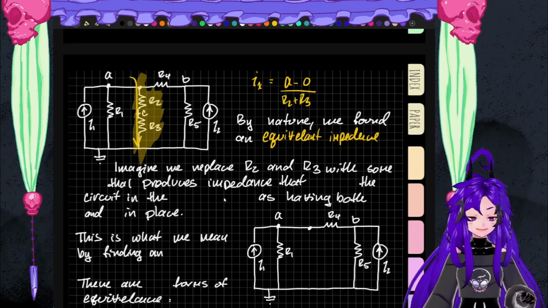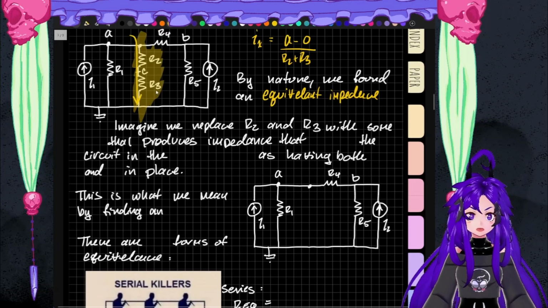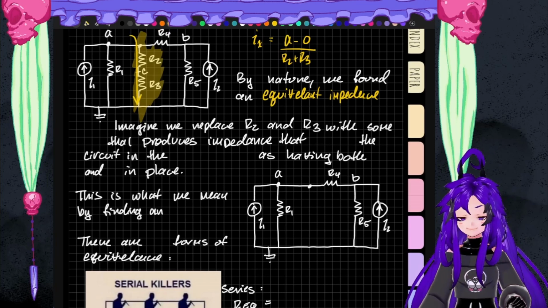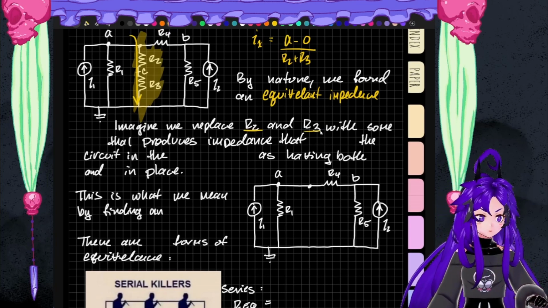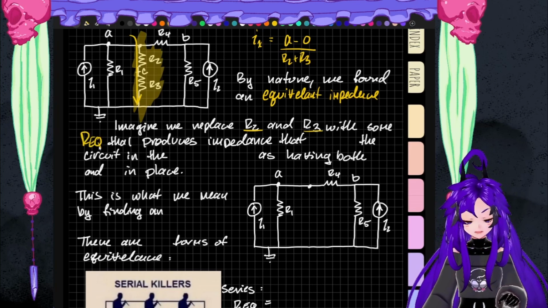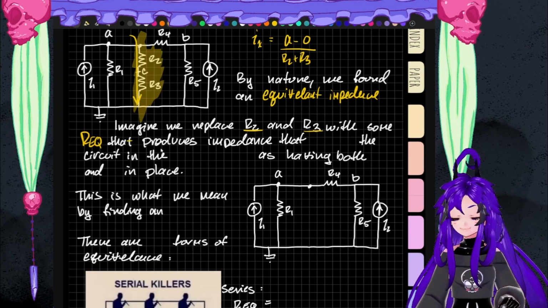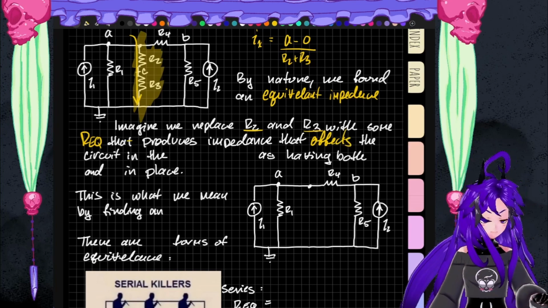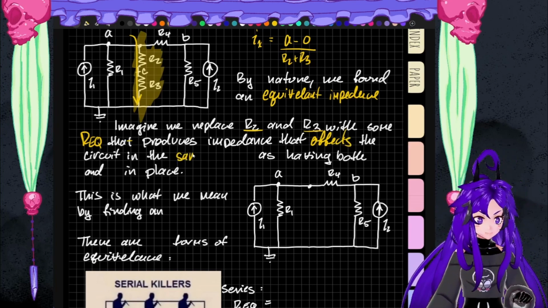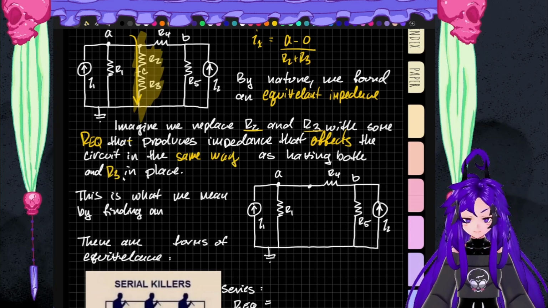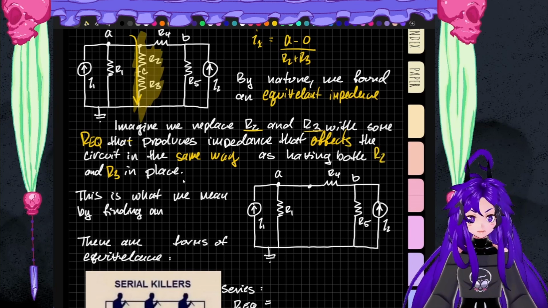So why don't we just replace that then? We can just use variables. Let's say that we replace R2 and R3 with some REQ, our equivalent, that produces impedance that affects the circuit in the same way as having both R2 and R3 in the same place.